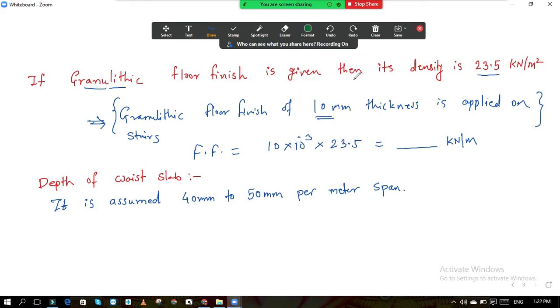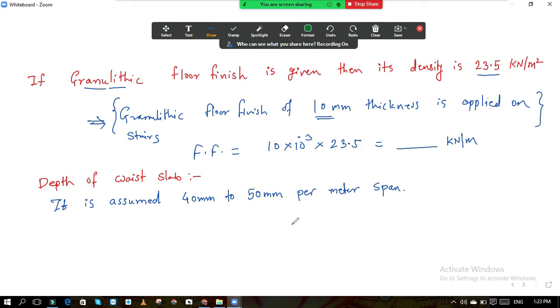In between 40 mm to 50 mm, you can assume anything. Per meter means for 1 meter of span it is 40 mm, or for 1 meter it is 50 mm. In that way we assume the depth.